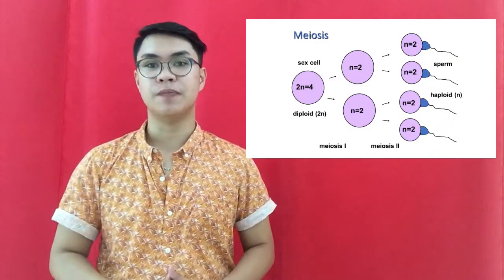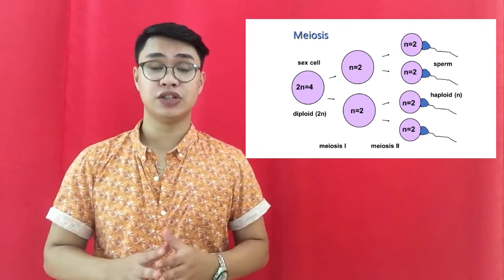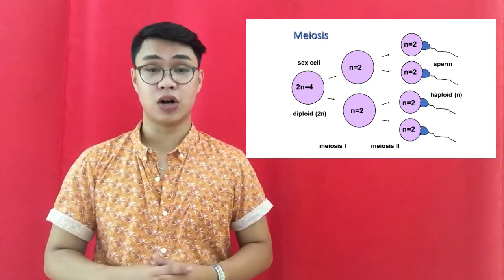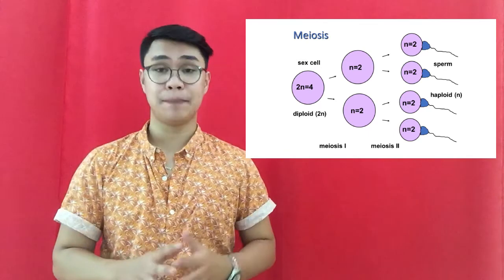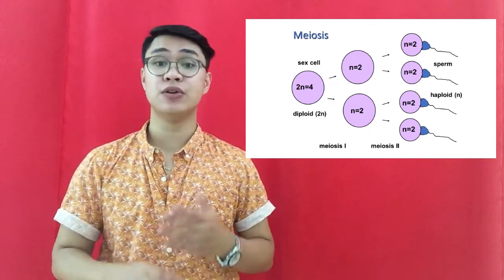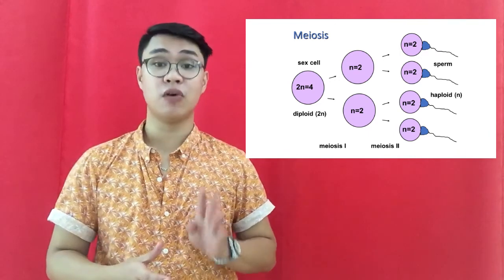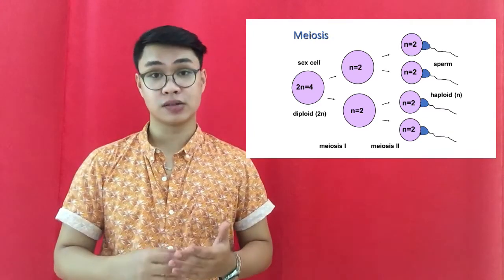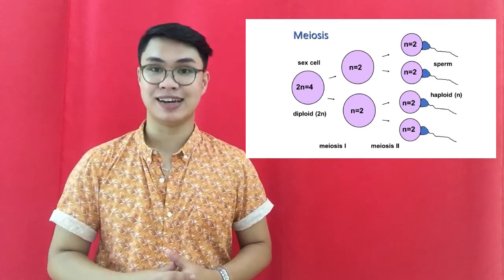Let us summarize what we know by looking at this figure. From a diploid cell, the cell undergoes the first stage of meiosis, which is meiosis 1, and the resulting products are 2 haploid daughter cells. From 2 haploid daughter cells, it undergoes the second meiosis, with the result of 4 haploid daughter cells, meaning the products of meiosis are 4 haploid daughter cells.